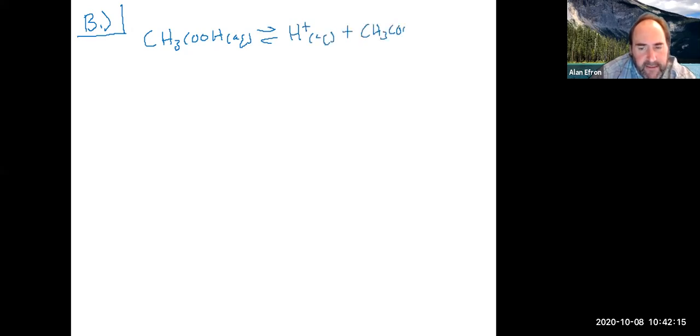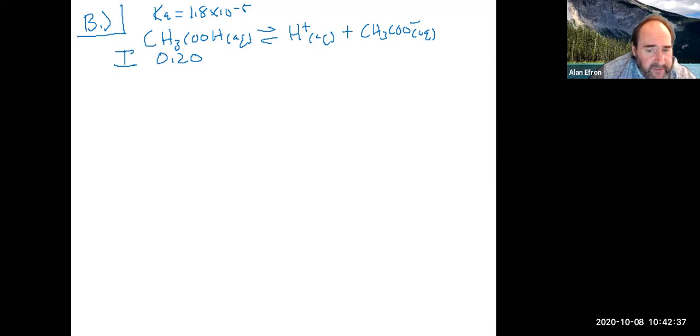And because it is still acetic acid that's setting up that equilibrium, our Ka value will still be the same. So we're still using the same Ka value. So let's talk about the ice table here. Initially, we have our 0.2 molar of our acetic acid.